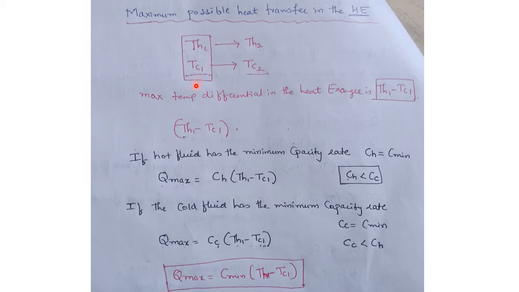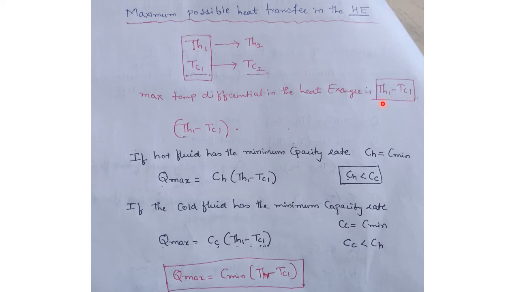Now, which fluid will experience the maximum temperature differential in the heat exchanger? It depends on which fluid has the minimum capacity rate. So this is the maximum temperature differential in the heat exchanger, that is TH1 minus TC1. Other than this, we cannot write the maximum temperature differential.